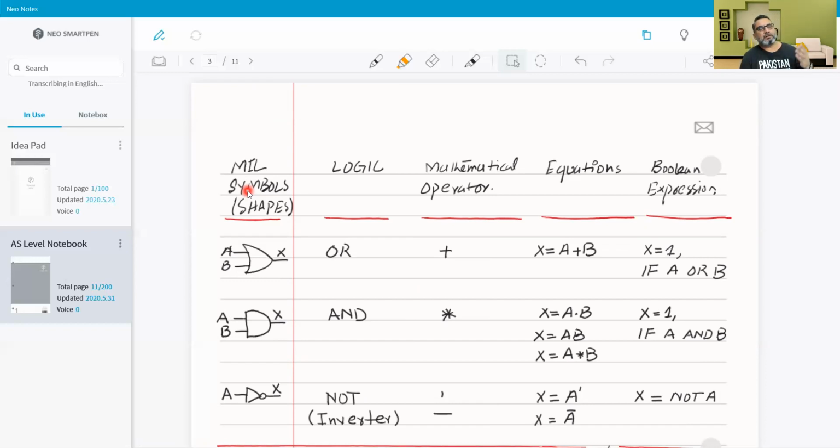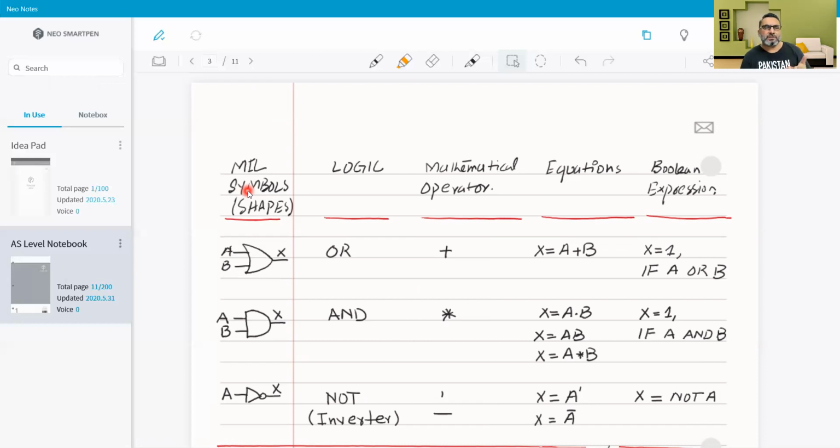IEEE is actually a private, non-profit organization of all the electric and electronic engineers to form standards, and so is ANSI.